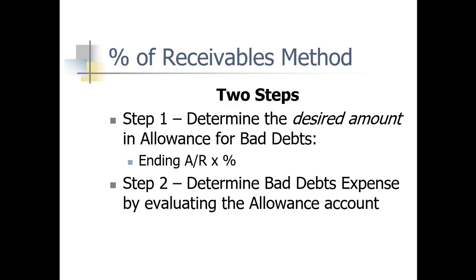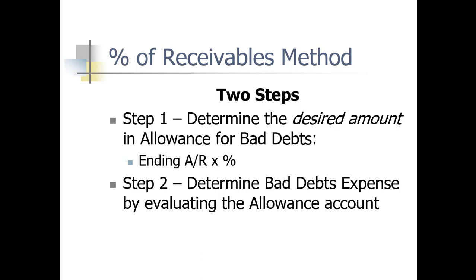If it's a debit balance, that means we actually didn't collect more than what we said we weren't going to collect. Or it could still be sitting here with a credit balance, which just means that we thought we weren't going to collect a certain amount and we didn't collect some of it, but we actually didn't collect less than we estimated. We'll talk about that next class when we talk about writing off a bad debt. But just a heads up, that's how there could still be a balance in that account.